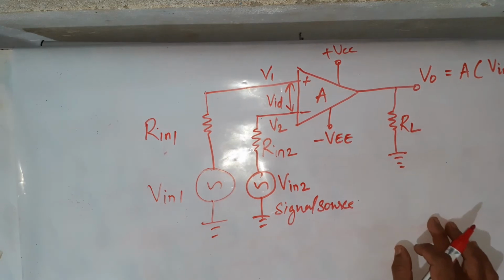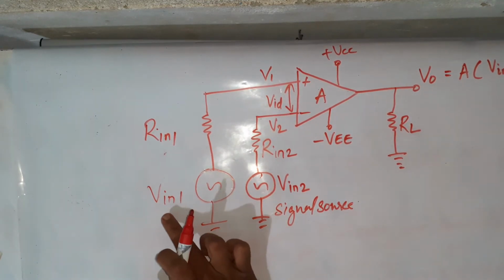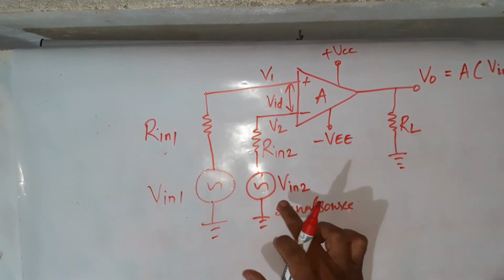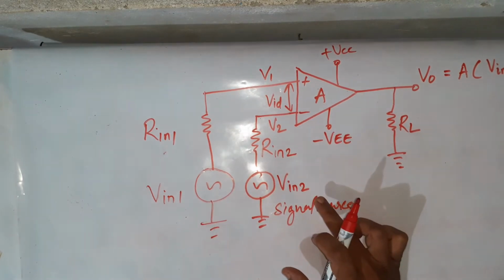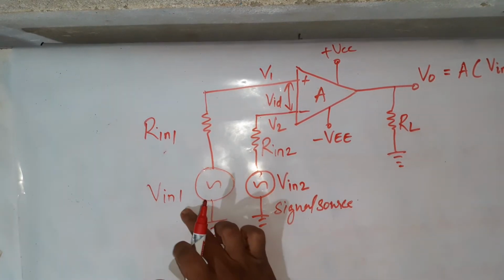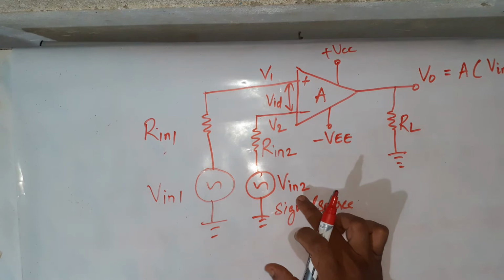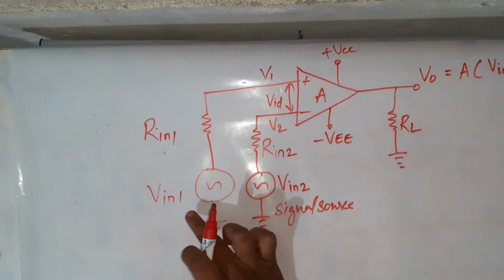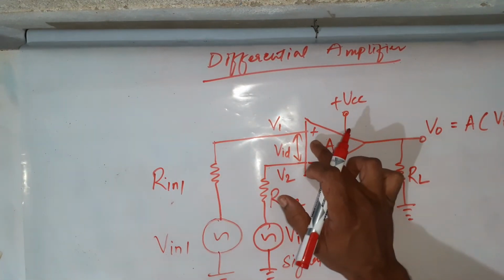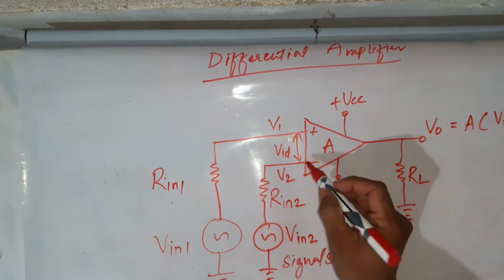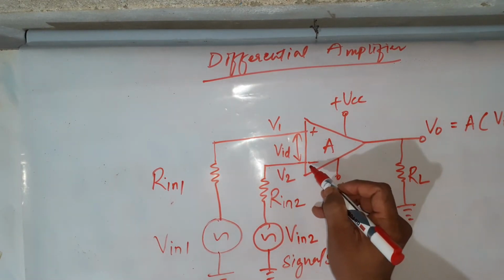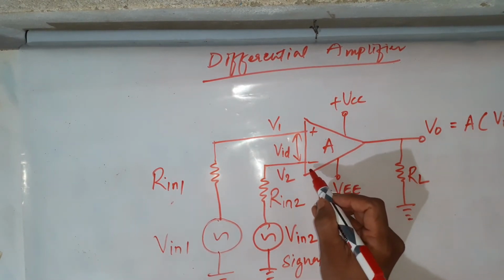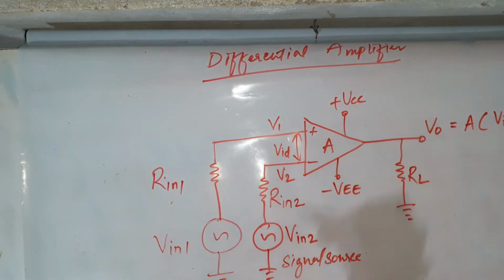Now V in 1 and V in 2 are the positive and negative supply voltages. Positive because this is connected to the positive terminal, and negative because this is connected to the negative terminal of your op amp. Non-inverting, inverting.